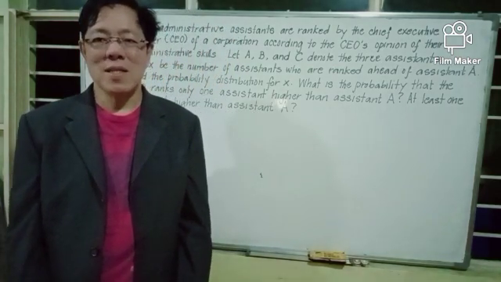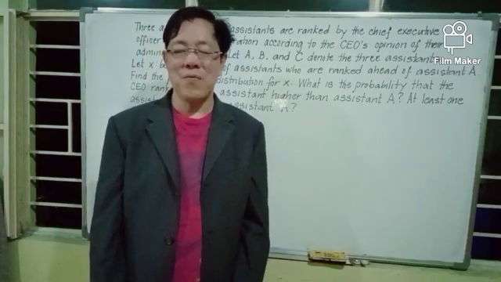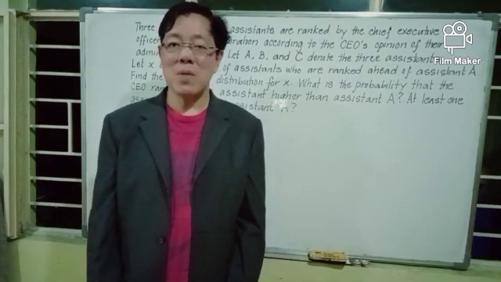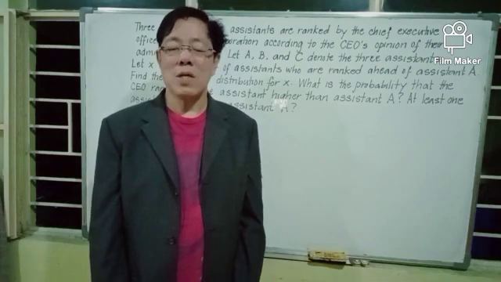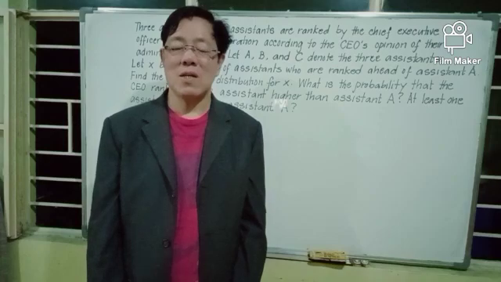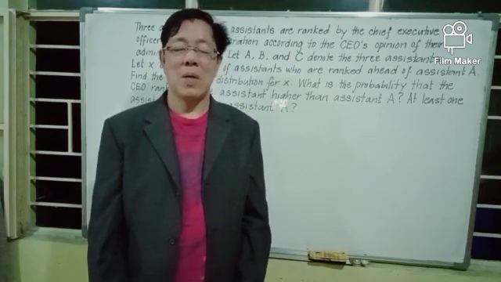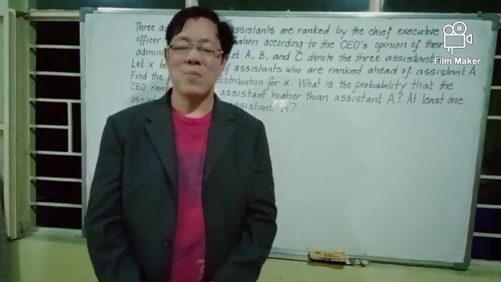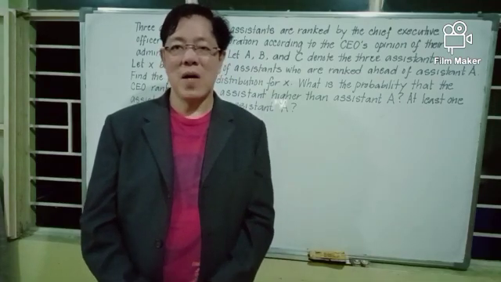So first, we find the number of permutations or arrangements of the 3 assistants A, B, C. We use permutation because in the arrangement of distinct objects, order is important. Thus, we find the number of arrangements by permutation, and it is given by the following formula.